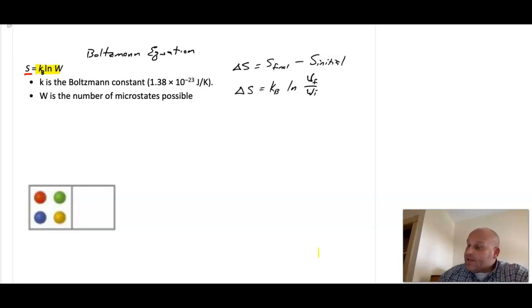Okay, so as I think about the scenario we talked about a second ago with changing our volume with our four particles, if I were to apply the Boltzmann equation to calculate this, let's first think about how we determine the number of microstates possible.